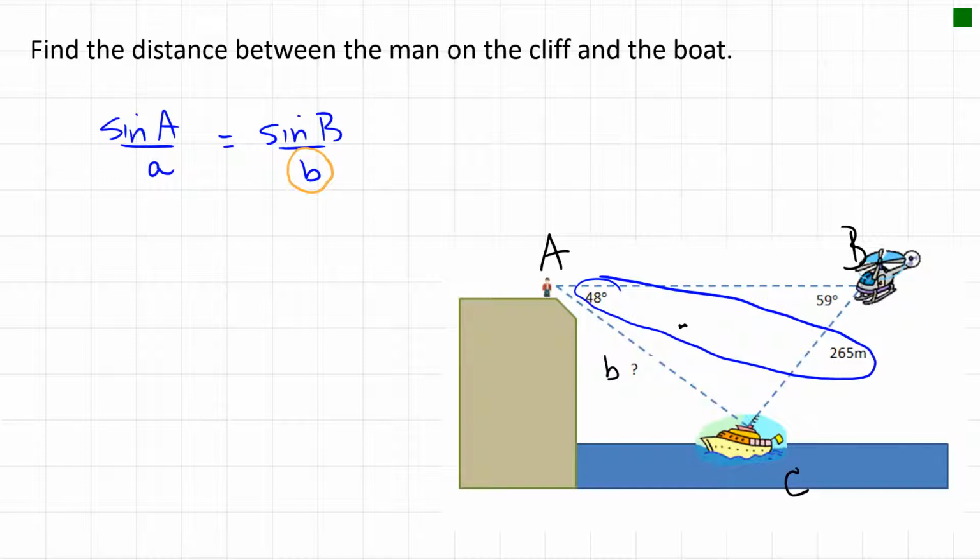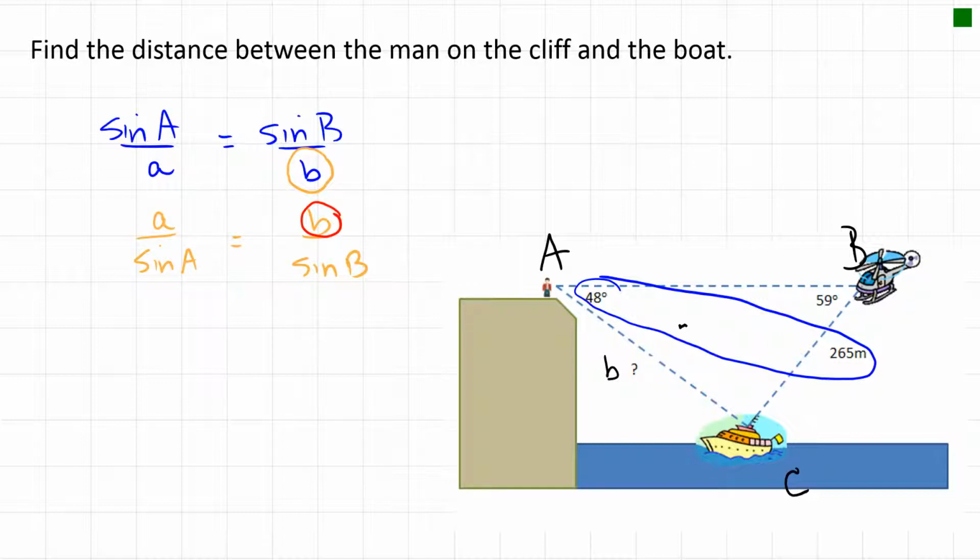So I want to make the problem a little bit easier, and the sine law can be written this way, or you can take the reciprocal of both sides and end up with a over sine A equals b over sine B. That means that the b that I'm looking for is in the numerator and easier to solve.